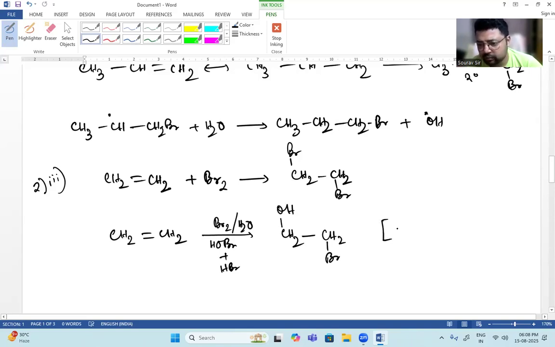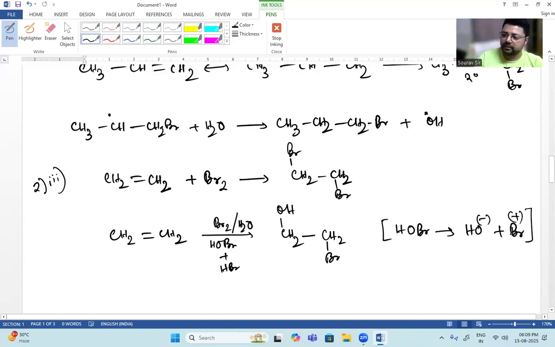When you are using HOBr, remember you will have OH minus and Br plus. So the nucleophile will be OH minus and the electrophile will be Br plus.